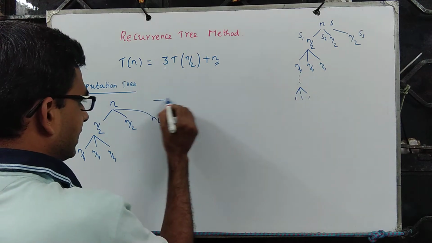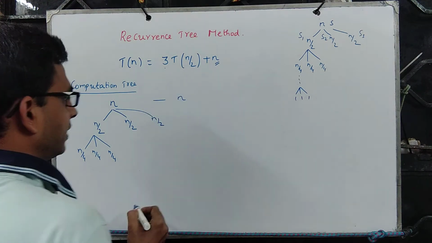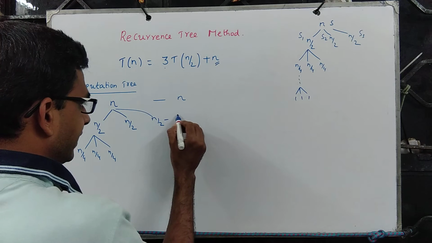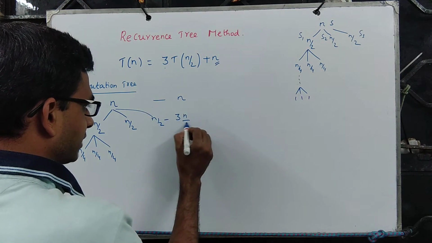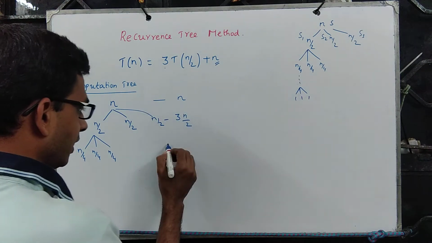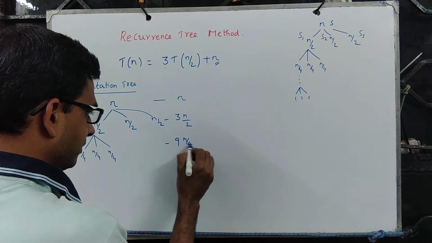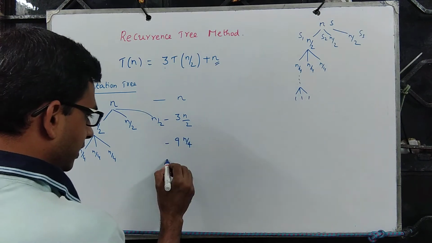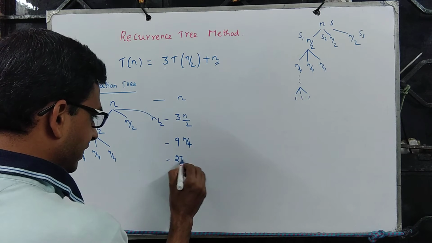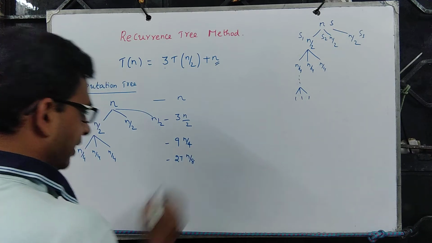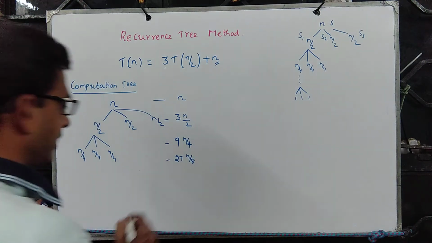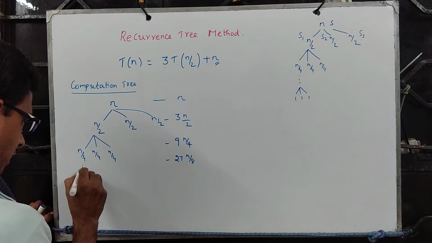Which means the cost at the first level is n, at the second level it is 3 times n by 2, at the third level there will be 9 nodes, each of them n by 4, at the next level 27 nodes, each n by 8, and so on.